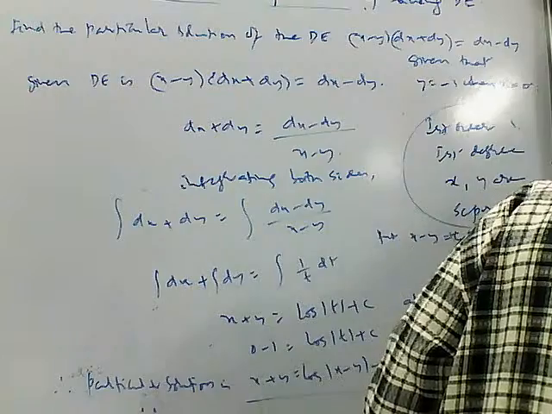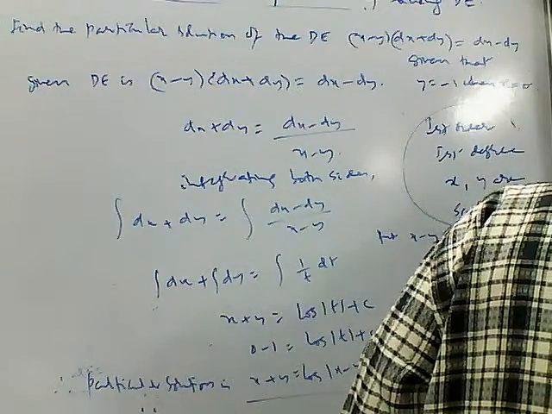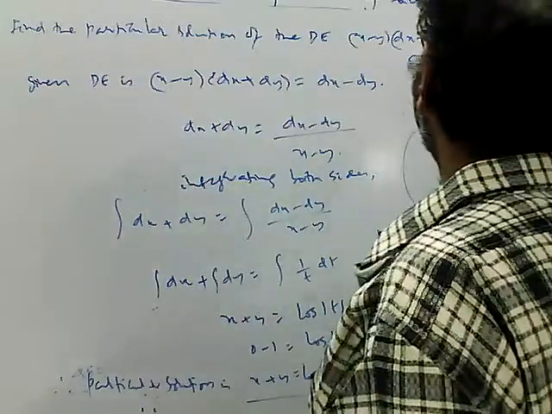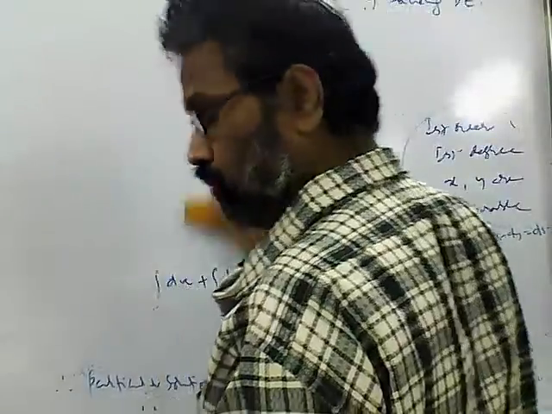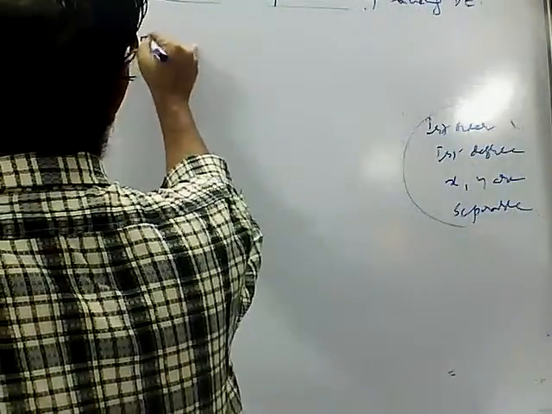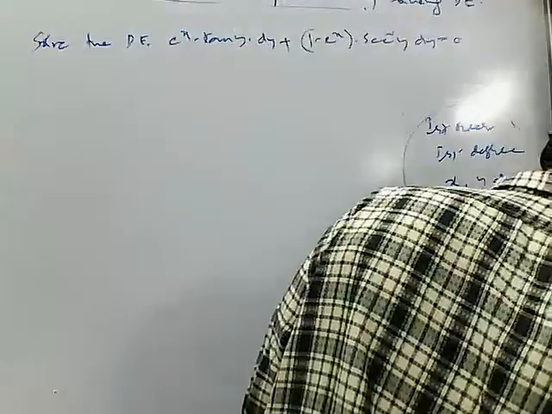Solve the differential equation e power x into tan y dy plus 1 minus e power x into secant square y dx is equal to 0.